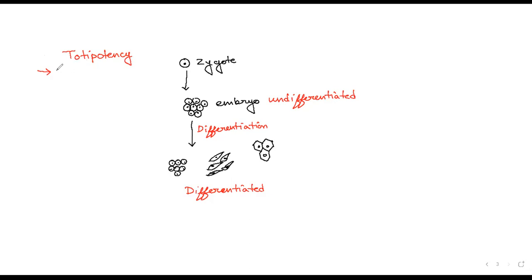Very good. So one type of cell can produce all types of cells present in the plant.